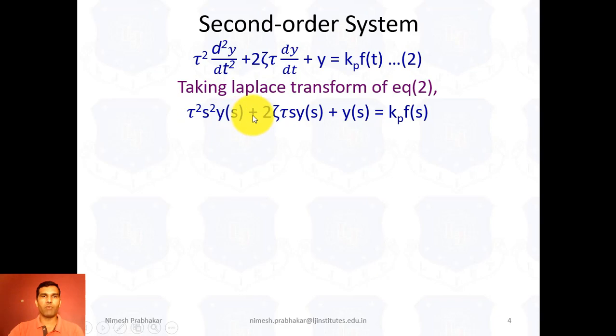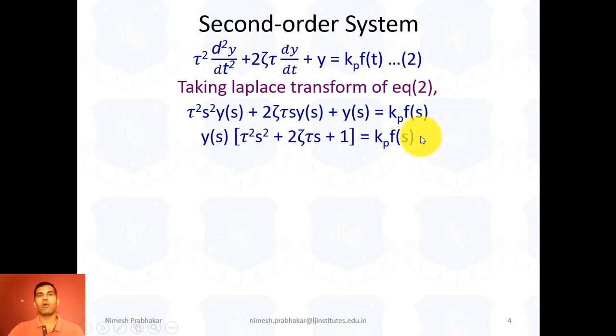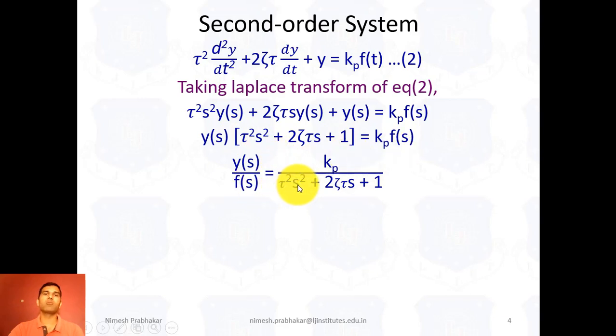Now we take y of s common from the left hand side, so we can write y of s into bracket tau square s square plus 2 zeta tau s plus 1 is equal to Kp into f of s. Rearranging, y of s upon f of s is equal to Kp upon tau square s square plus 2 zeta tau s plus 1.